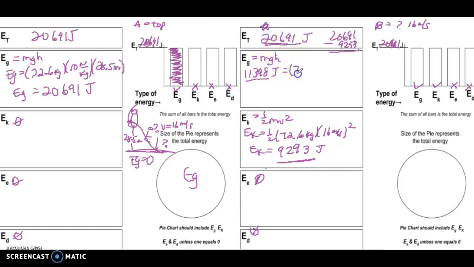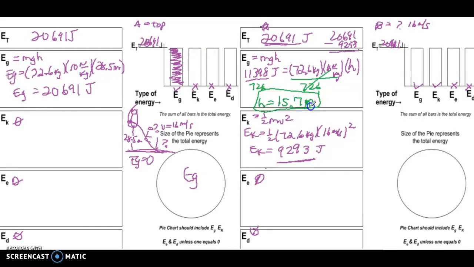So the mass is 72.6, g is 10 newtons per kilogram, and I'm trying to find the height. If I multiply these together, that's 726, so I'm going to get rid of that. My height is going to come out to be 11,398 divided by 726, which is 15.7 meters. That seems reasonable.